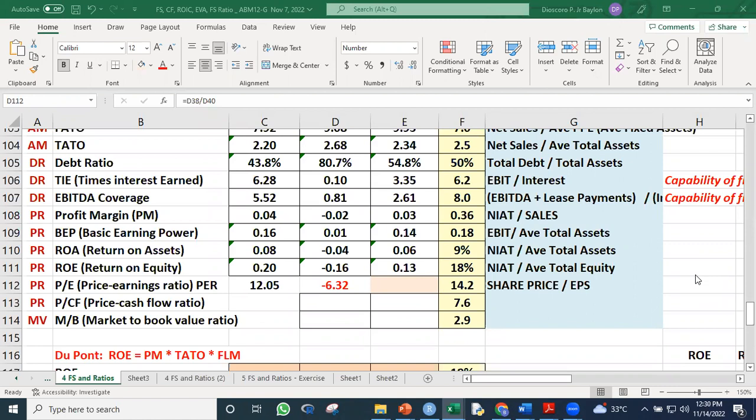So why would you buy that? A negative PE is tricky, but analysts will avoid interpreting that, because what we want is 1 peso of earnings.